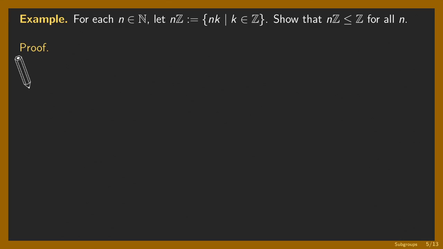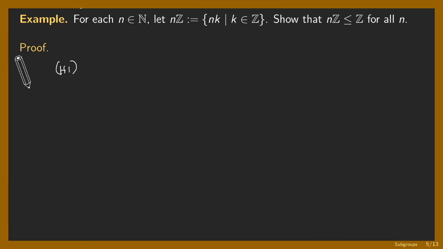So what do we do in order to prove that nZ is a subgroup of Z? We do 3 steps. First, let's check for axiom H1. We check for the identity. Take note that the identity element of Z under addition is 0. So we verify if 0 is an element of nZ.